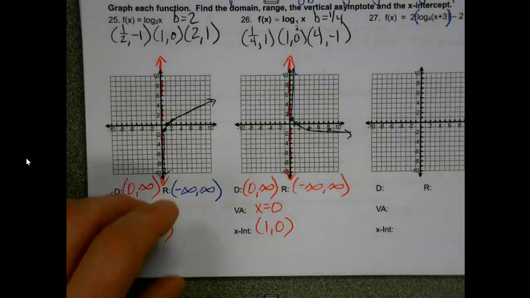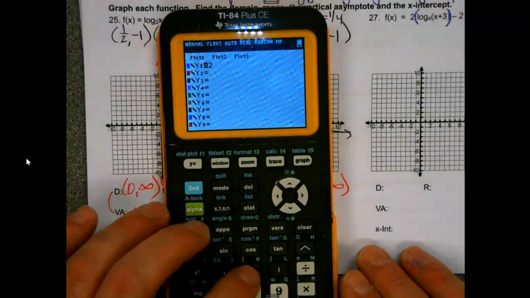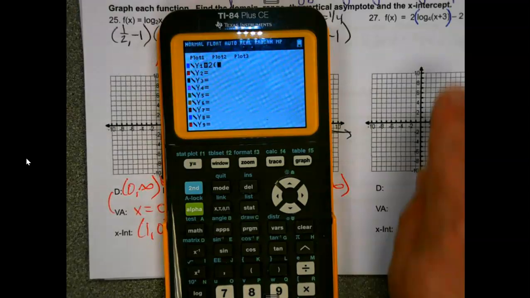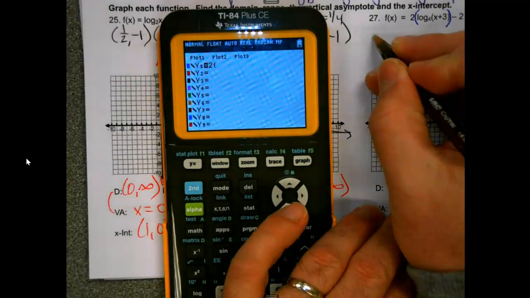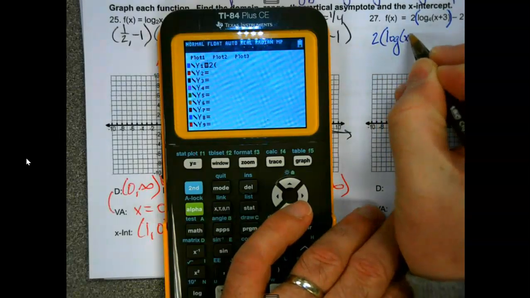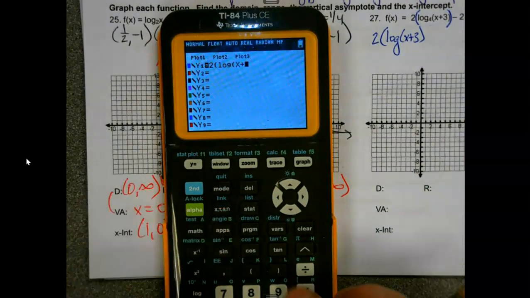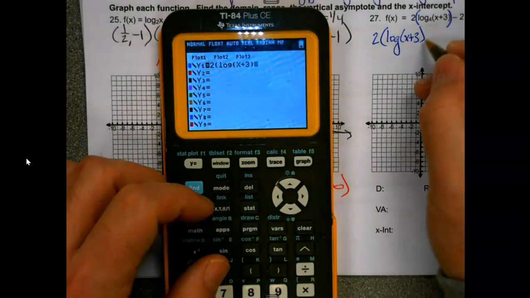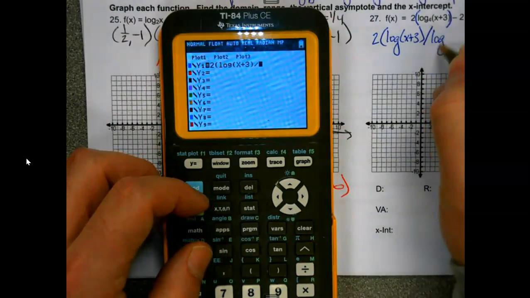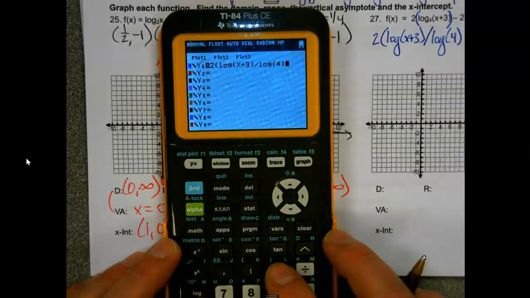So when I'm putting this in my calculator, we're going to start with the 2, but then we've got to say, okay, we do the 2 later. Right now, I want to do this logarithm. So this part, we're going to have log of x plus 3, close my parenthesis, divided by log 4, there's my change of base.